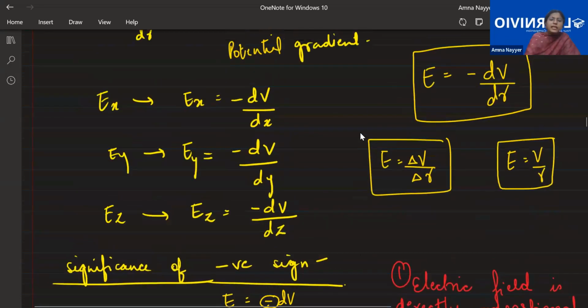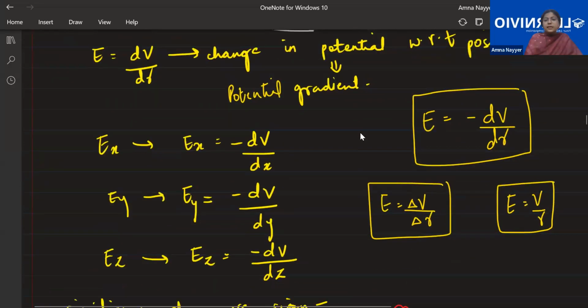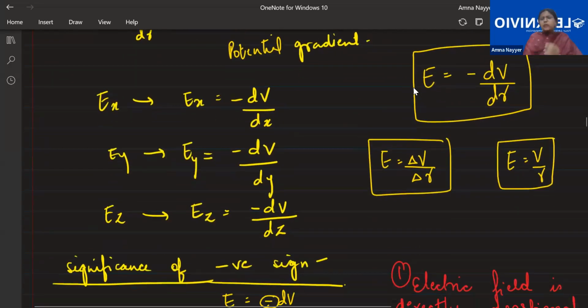Now, when you are differentiating, sometimes differentiation is required like this when the change is very, very small. Or if it is significant, you can use delta V by delta R. Or if potential and distance are directly given, you can write it as V by R. Now, if it is specifically for the x-axis, the electric field's x component will be minus dV by dx, meaning the change is with respect to the x-axis.